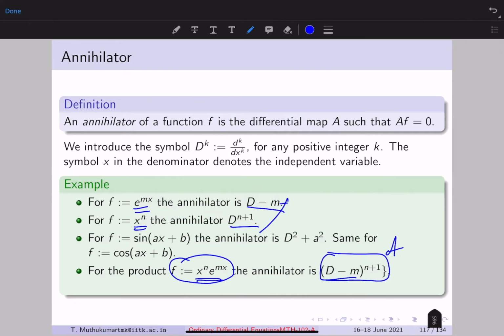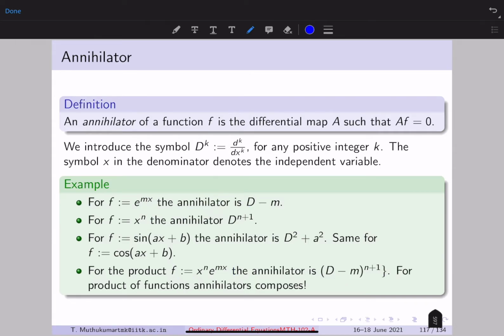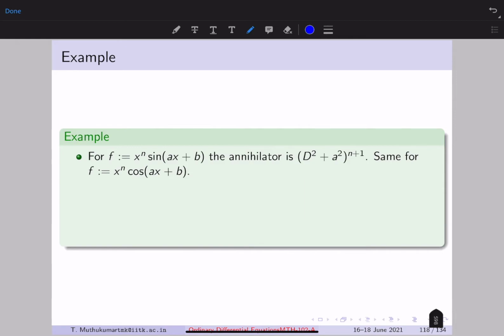Similarly, though we have given you three examples here, you can also consider pointwise products of these types, and you can also consider linear combinations of these types. All this you can use. I'm just saying that if you take products of functions, then the annihilator composes. It's a composition of the annihilators.